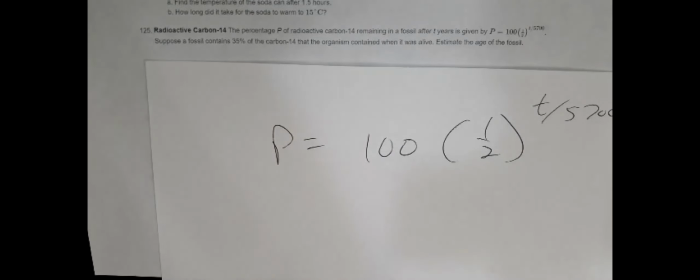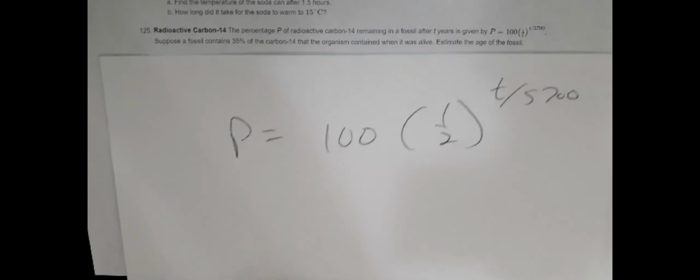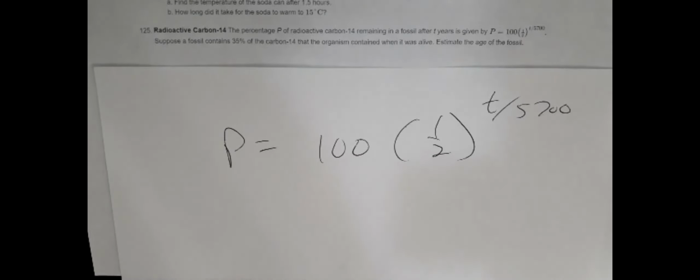Suppose that a fossil contains 35% of the carbon-14 that the organism contained when it was alive. Estimate the age of the fossil. So where am I plugging that 35%?